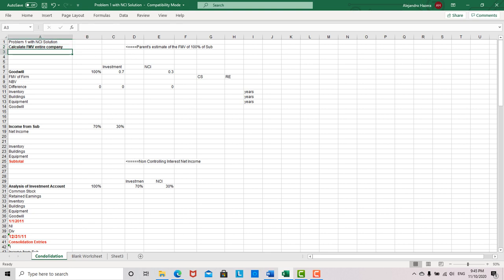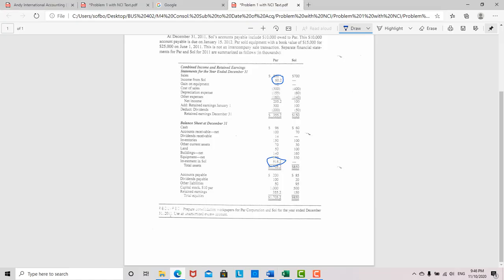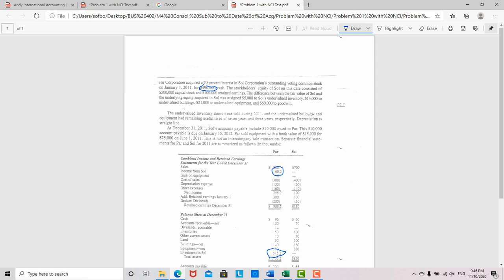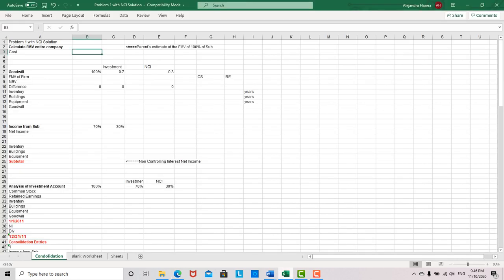And here it is. We're going to take the cost that the parent paid. Going back to the text of the problem, the parent paid a cost of $490,000. And we're going to divide by the parent's ownership percentage.